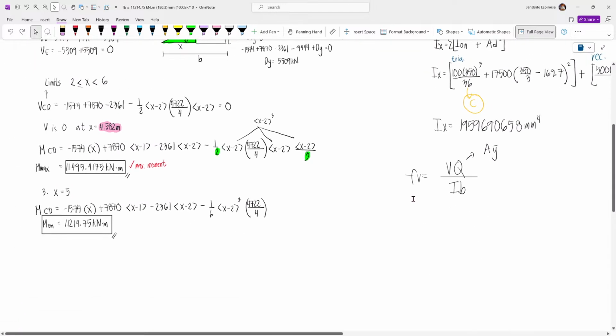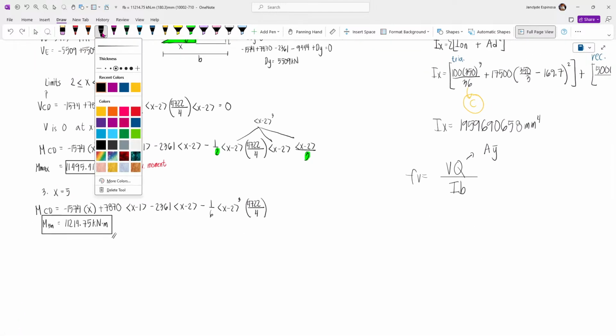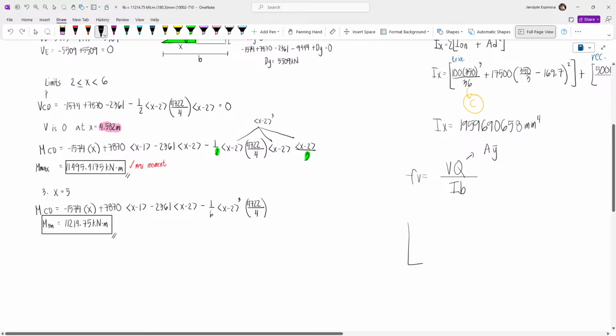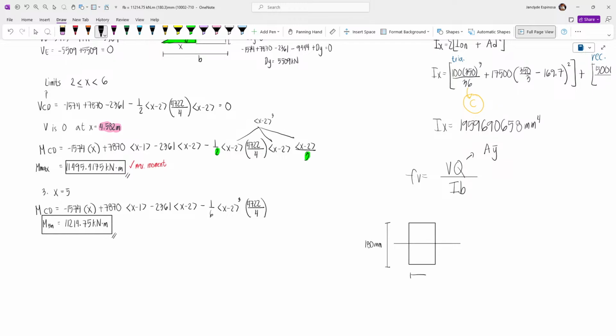Ako na explain gamay ang gamiton sa Q. Example natin rectangular nga section. Let's just say ang height 180 butang ta lang, and then ang base let's just say 100.